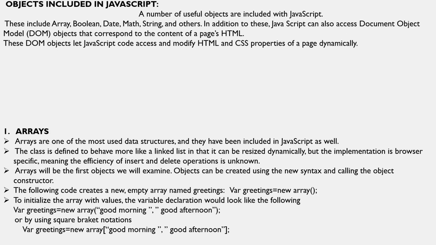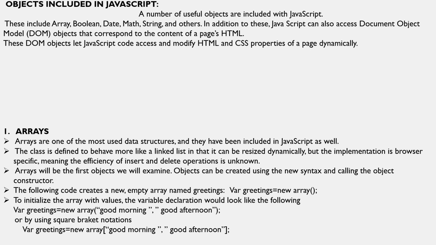Now let us see about objects included in JavaScript. A number of useful objects are included in JavaScript. These include array, boolean, date, math, string, and others. In addition to these, JavaScript can also access the document object model, that is DOM objects that correspond to the content of the page's HTML.